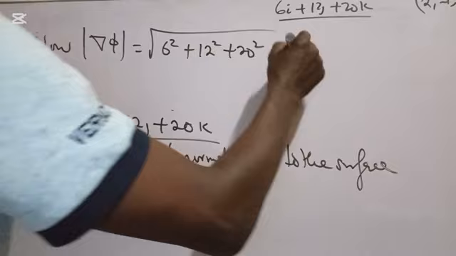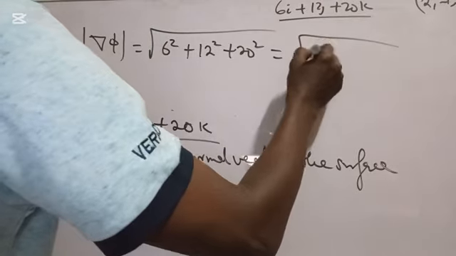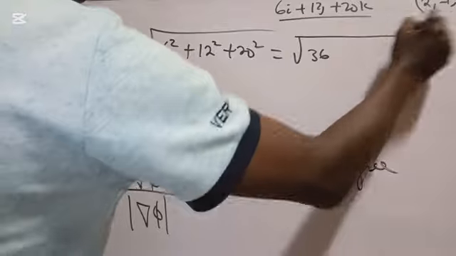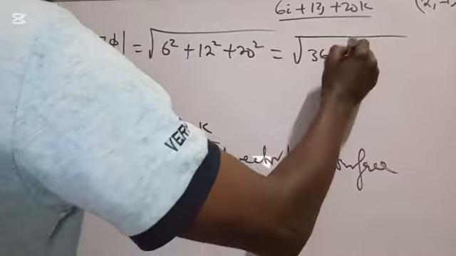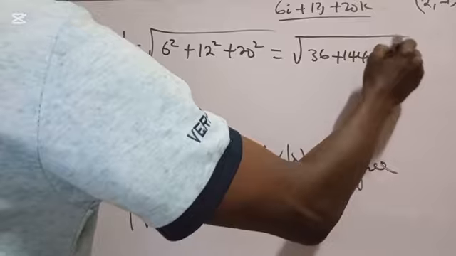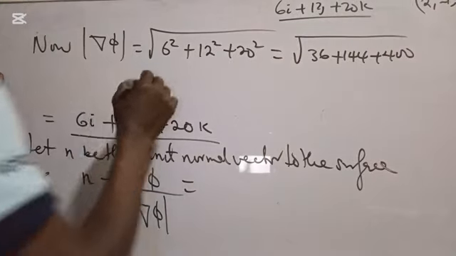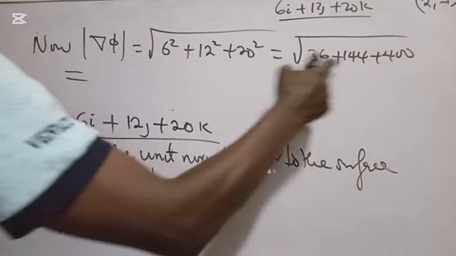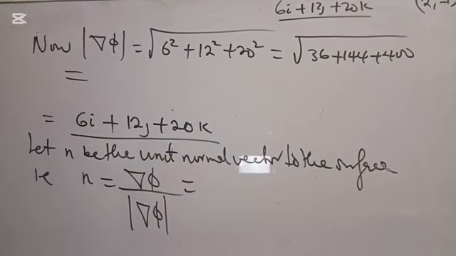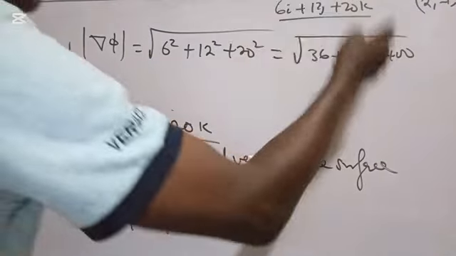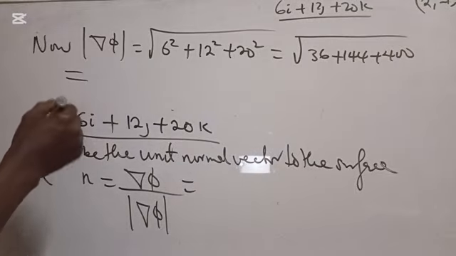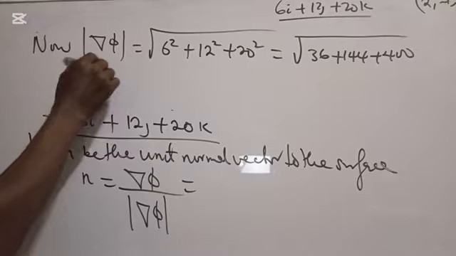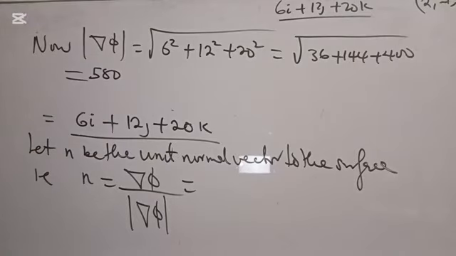That will give us 36 plus 144 plus 400. 36 plus 144 is 180, and 180 plus 400 is 580. I hope we are following, and that is correct.